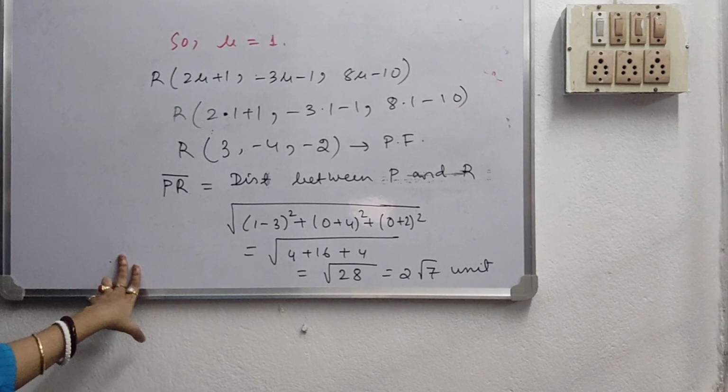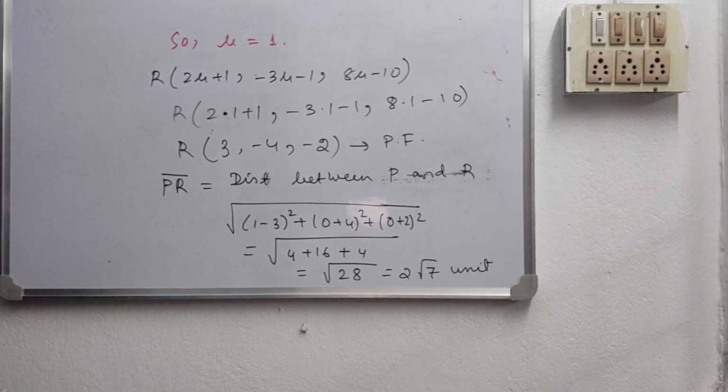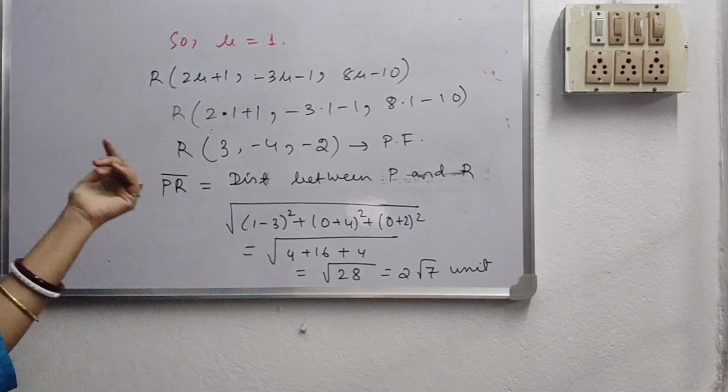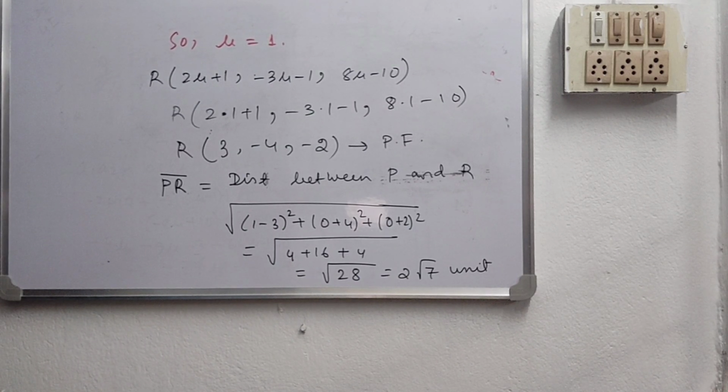Putting the value of mu, we got R equal to (3, minus 4, minus 2), and the perpendicular distance PR is the distance between P and R, that is root over (x1 minus x2) whole square plus (y1 minus y2) whole square plus (z1 minus z2) whole square. That is the value of PR. Okay, so let's come to the next problem.